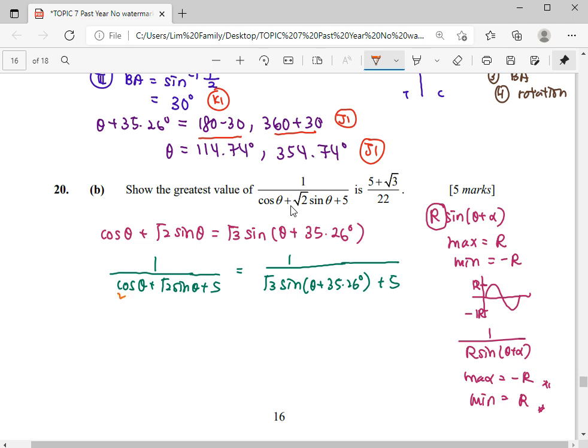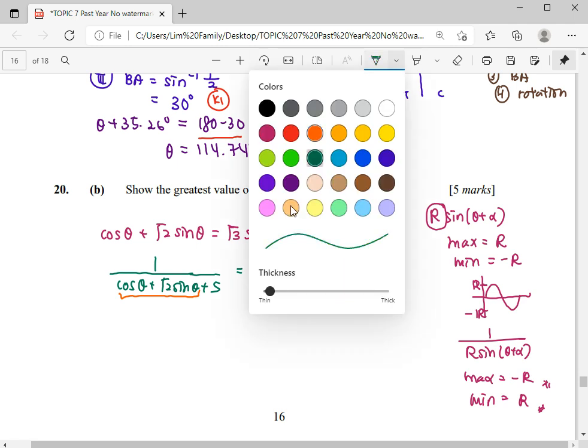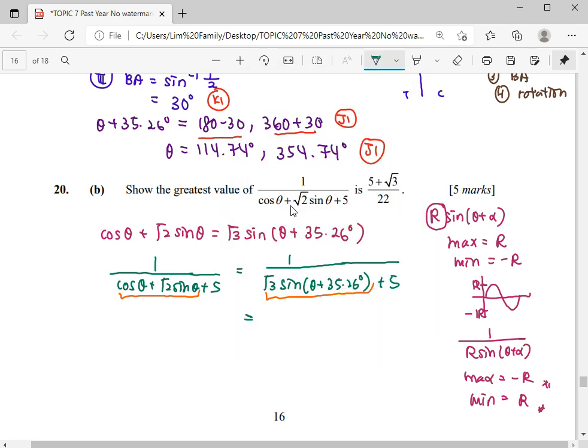Okay, so we substitute our cos theta plus square root sine alpha into this term, into the R compound angle. So from here, we can read out our maximum or minimum value. So when we already inverse, the greatest means the maximum. The greatest value means they are finding the maximum value.